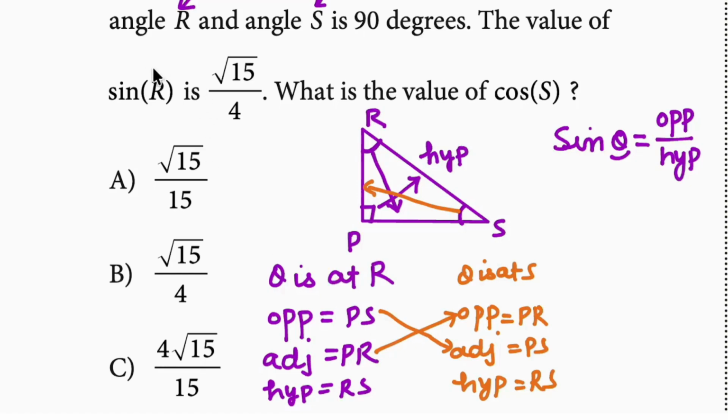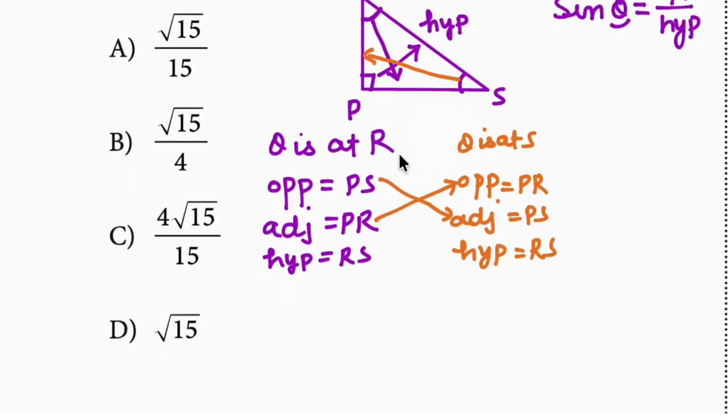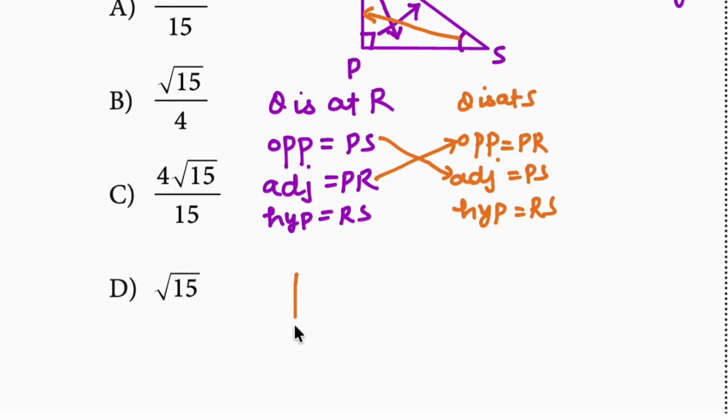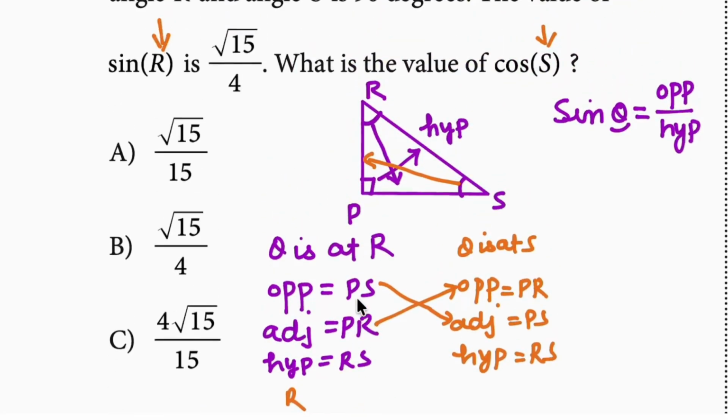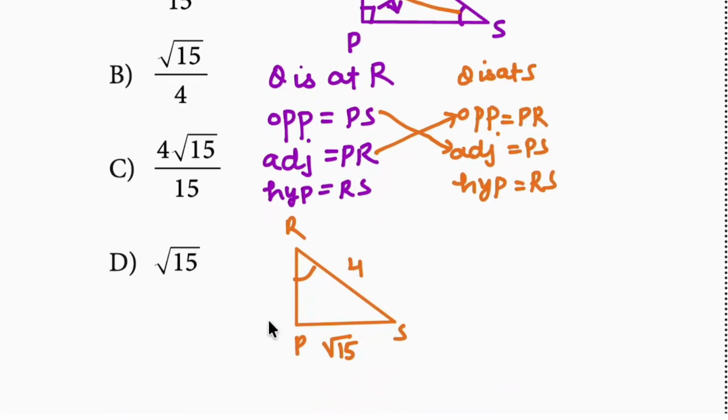And if I see this question, sine R and cos S, the first instinct is, okay, this is a right triangle, so just put the values: this is R, this is S, and this is P. It is given root 15 over 4, so opposite is this and hypotenuse is this, because sine R is root 15 over 4. Then use Pythagoras, calculate the third side and do it.